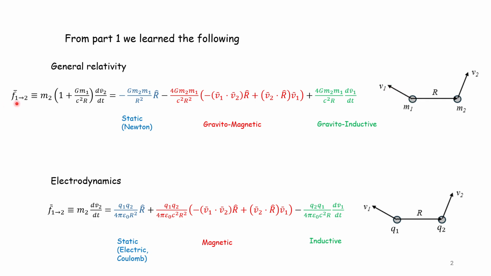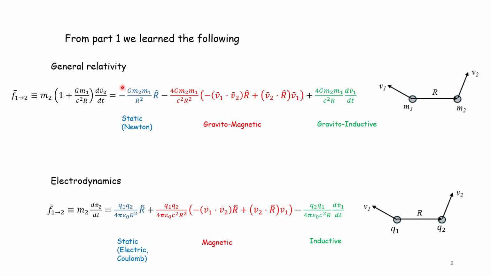The notation 1 on 2 means we study the force on number 2 in an interaction with number 1. This formula is also called the first post-Newtonian correction in general relativity. It's valid up to order v squared over c squared. These are kinematical corrections to the static Newton force formula.